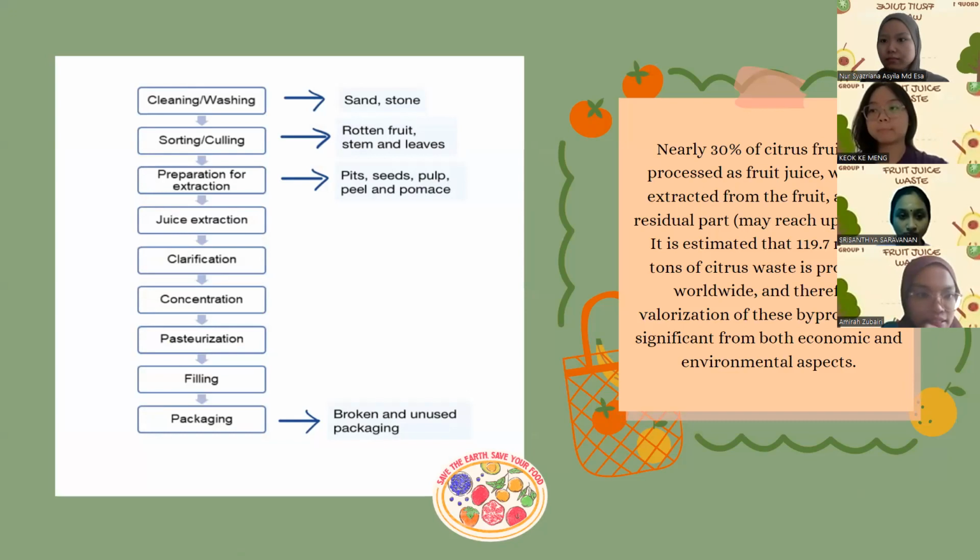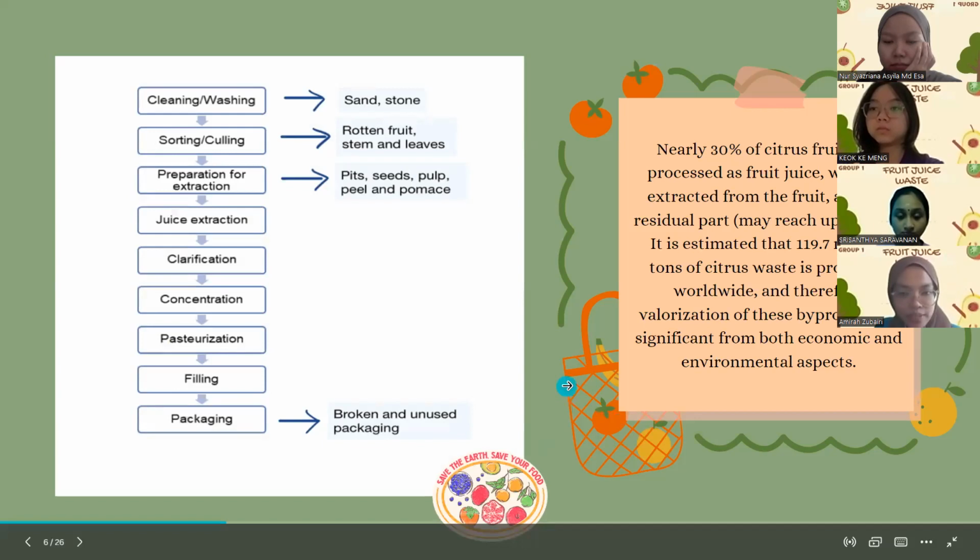Here we can see clearly the physical waste contributed from the cleaning process, or washing, sorting, or cutting, and also packaging. The waste is sand, stone, rotten fruit, stem, and leaf, pit, seeds, pulp, peel, and pomace. And lastly, for the packaging, broken and unused packaging.